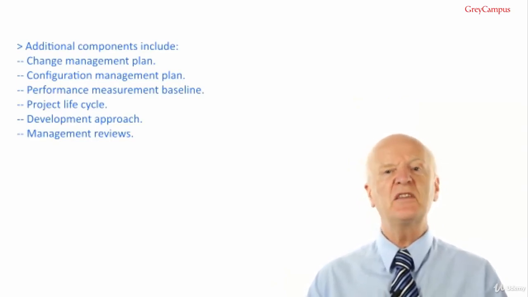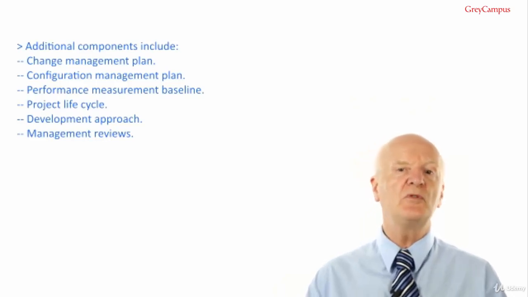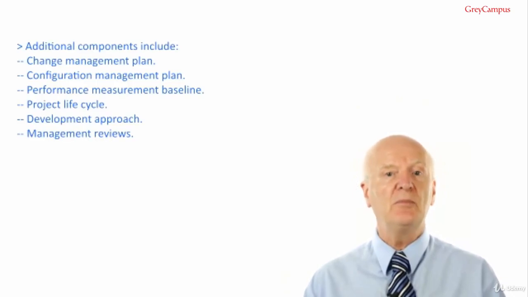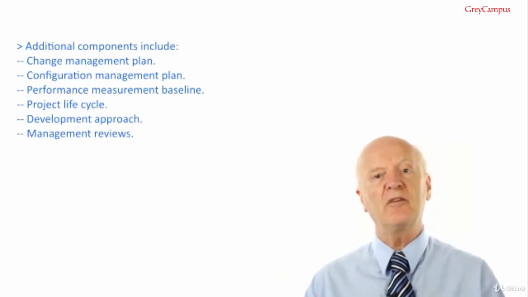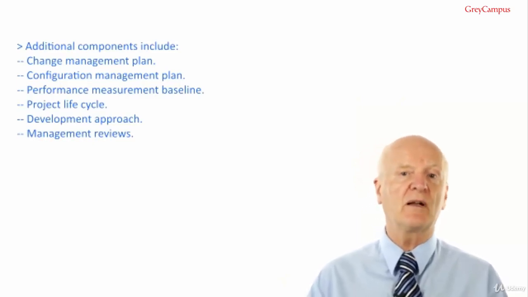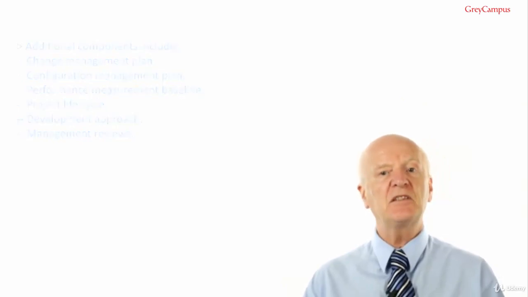Management reviews identify the points in the project when the project manager and relevant stakeholders will review the project progress to determine if performance is as expected or if preventative or corrective actions are necessary. As you can see, the project management plan contains a lot of plans and baselines. The project management plan uses over 30 project documents, but for the exam, please remember that these documents are not included in the project management plan.